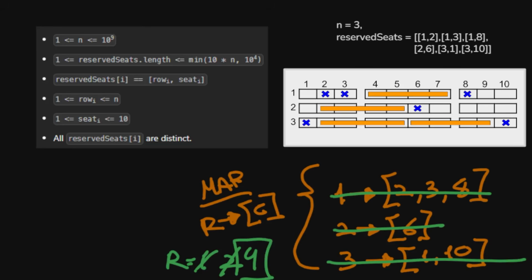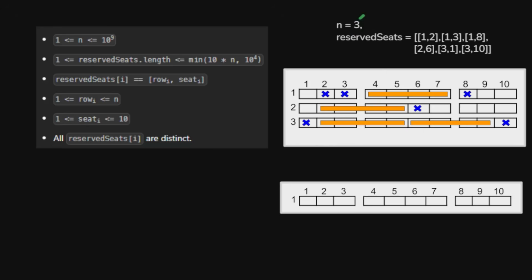But remember that n can be of up to 10 to the power of 9. So if this is a huge number, for example 10 to the power of 9, what do we do now? Now let's say that n is equal to 10 and we have the same array. We know that after handling rows for these reserved seats, the result is equal to 4. But how do we handle the 7 empty rows? Because we have 10 rows in total, and rows for reserved seats are 3. 10 minus 3 is equal to 7, so how do we handle these 7 empty rows?